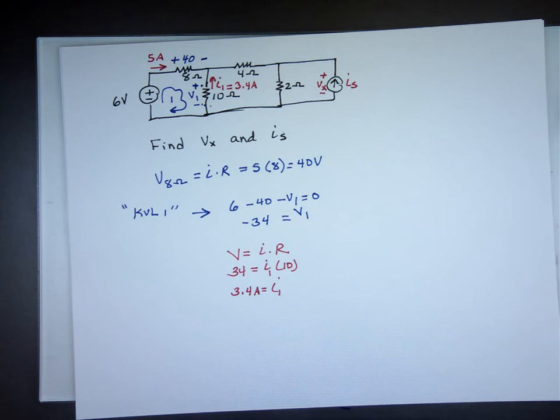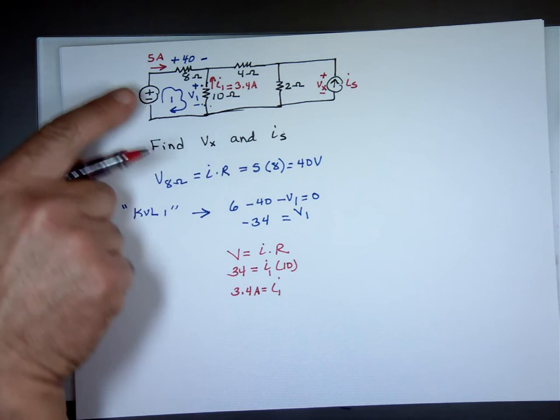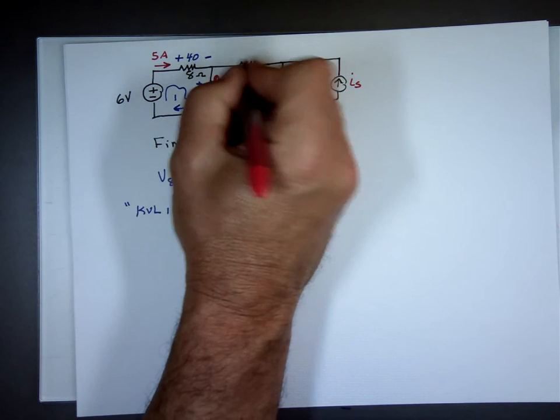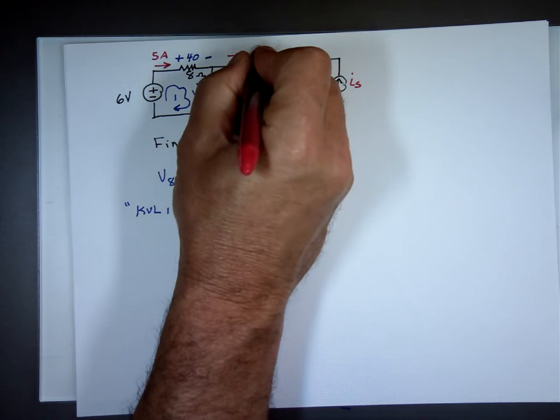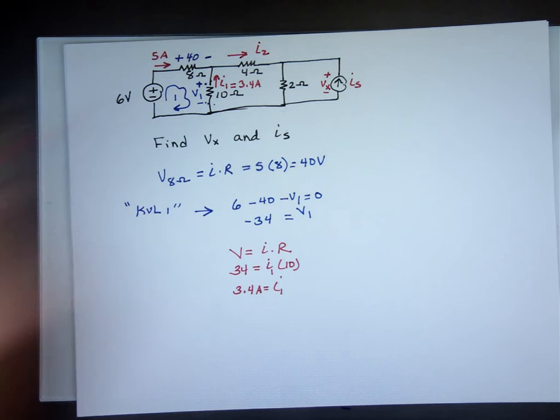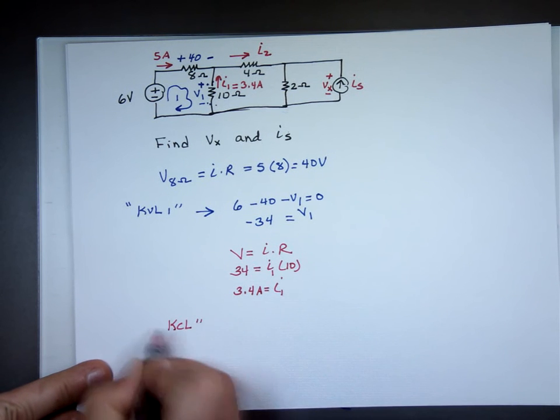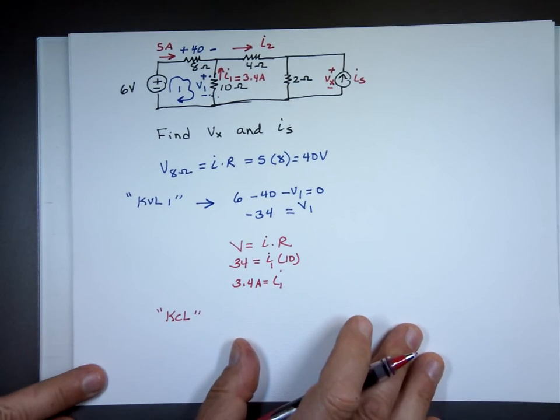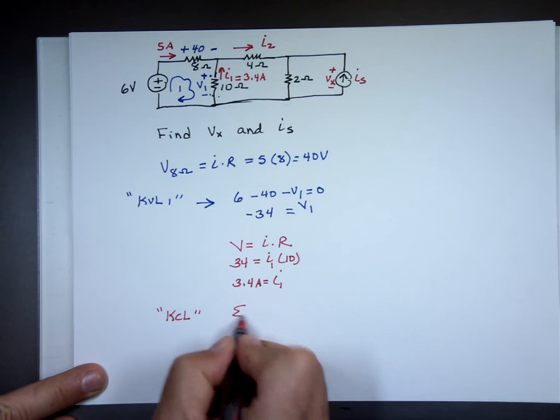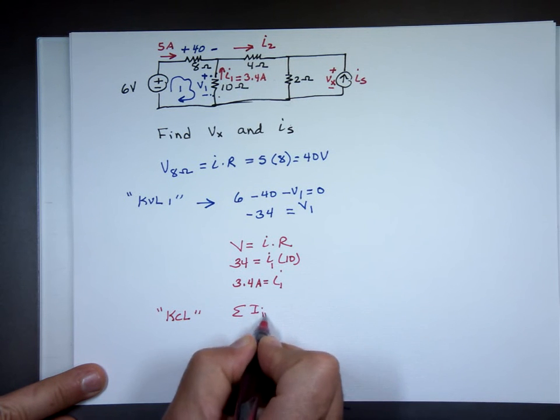There's a current coming up. That means something has to leave. Let's call this I sub 2. I can do KCL at the top. KCL says all the current entering that node should equal all the current leaving that node.